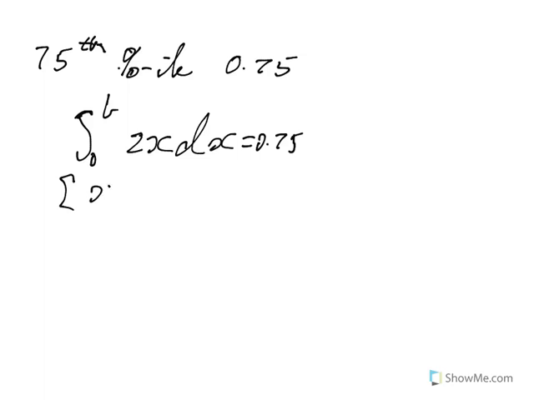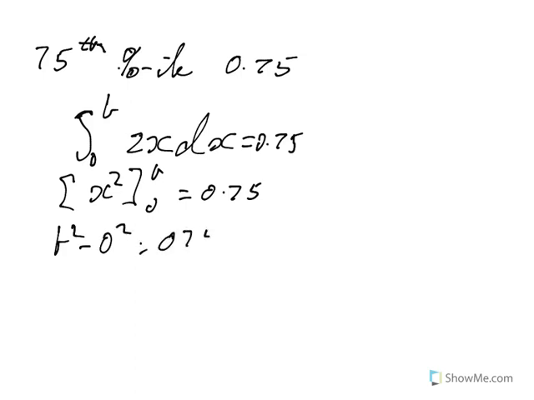Again, this is an easy one, so we'll anti-differentiate it by hand, from 0 to B is 0.75. So B squared minus 0 squared is 0.75. So B squared is 0.75.